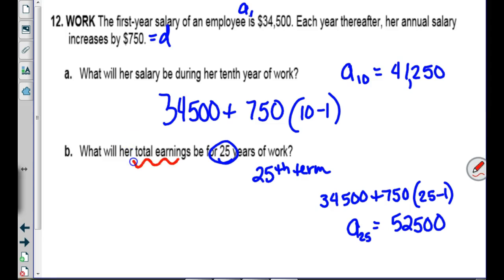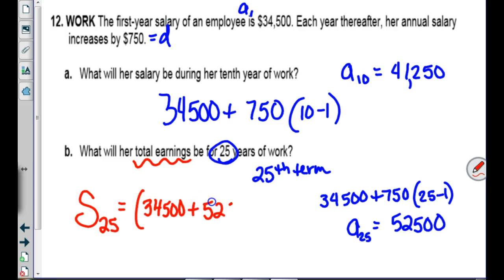Because they wanted total earnings, so we want the sum of those 25 years. So year 1 plus year 25 times 25 divided by 2. Anybody get 108,700?